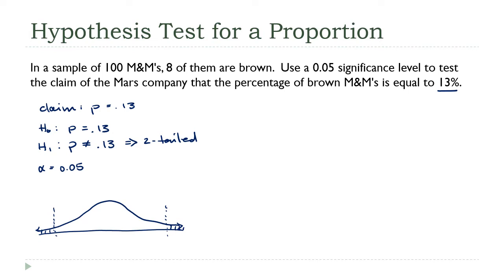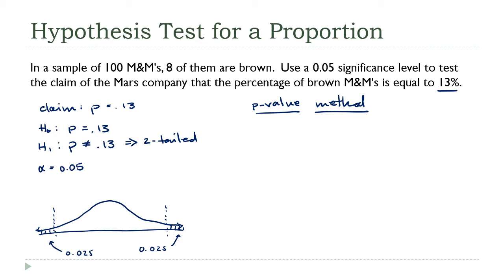That means each individual tail is going to have half that, or 0.025. Okay, good. So I need to calculate. I'm going to do the p-value method first. So I'll make a note here. We're doing the p-value method.